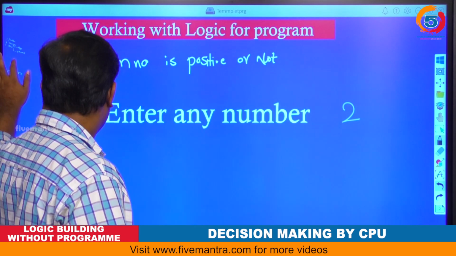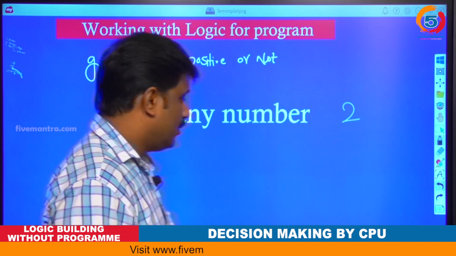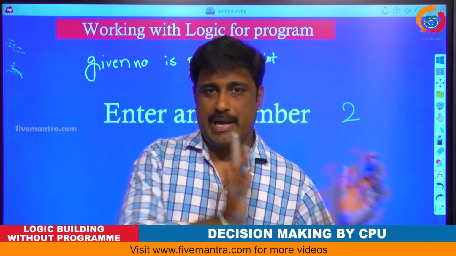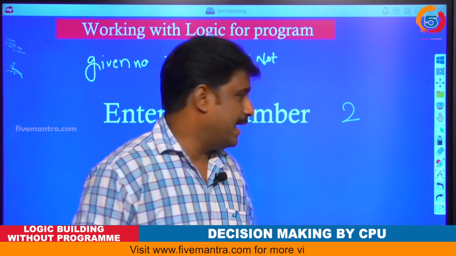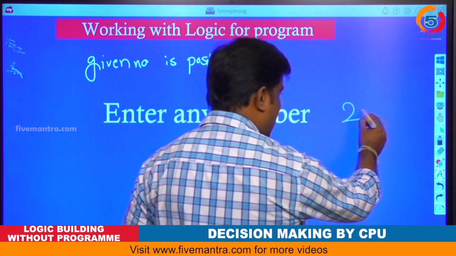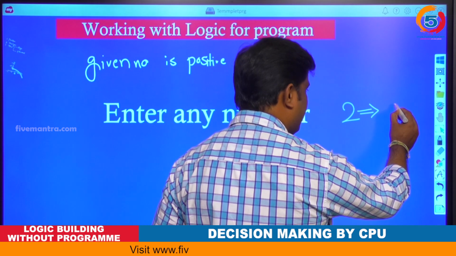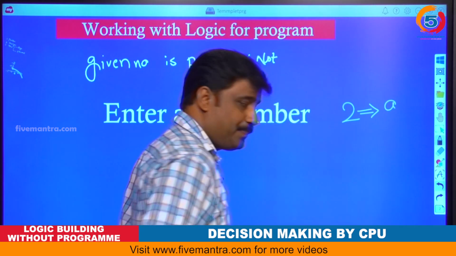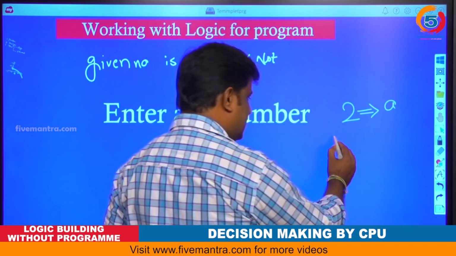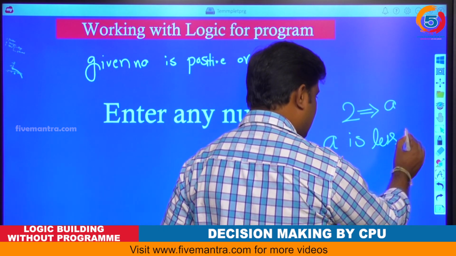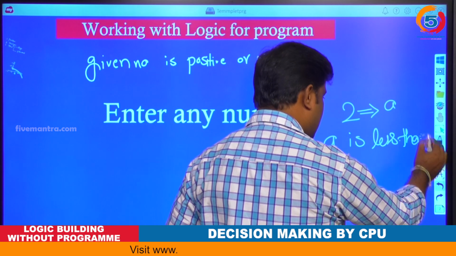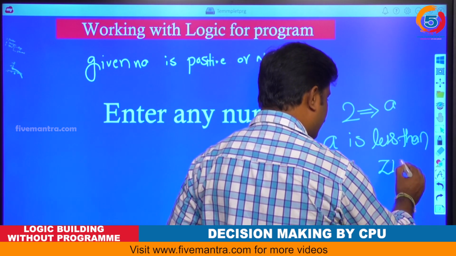Already we know that we have positive numbers and negative numbers, which are differentiated with the 0. Now I'll save this value into one variable, that is a. Now I'll compare a is less than 0.